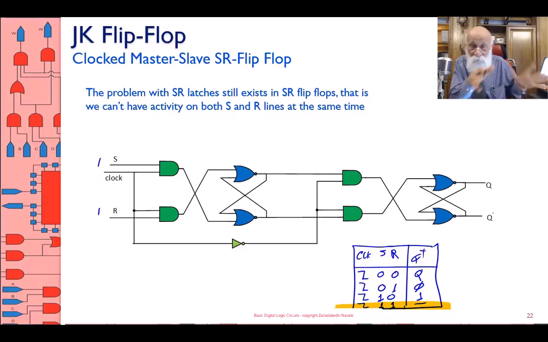Okay, see, these are all good. It sets and resets. It doesn't have transparency. It has a clock. And also, let's see if we can eliminate the problem that the simultaneous 1-1 can cause, without putting an inverter, because if you put the inverter, it's back to D flip flop, and yes, it does solve the problem, but it's no longer an SR flip flop.